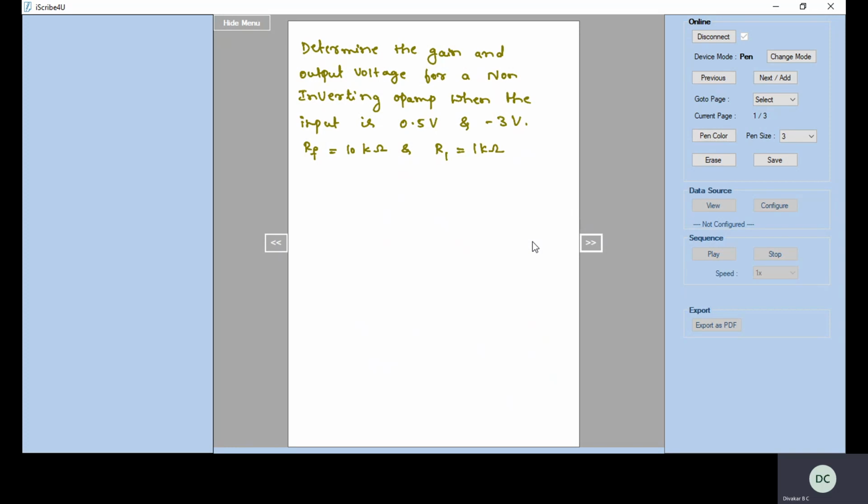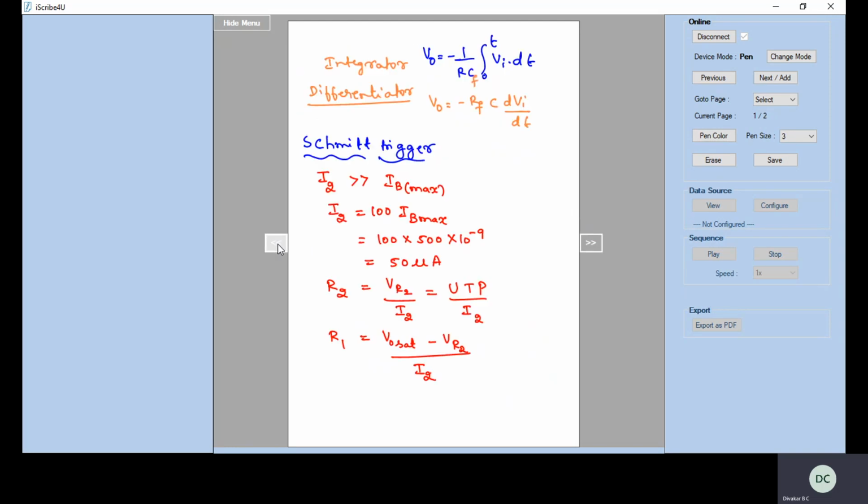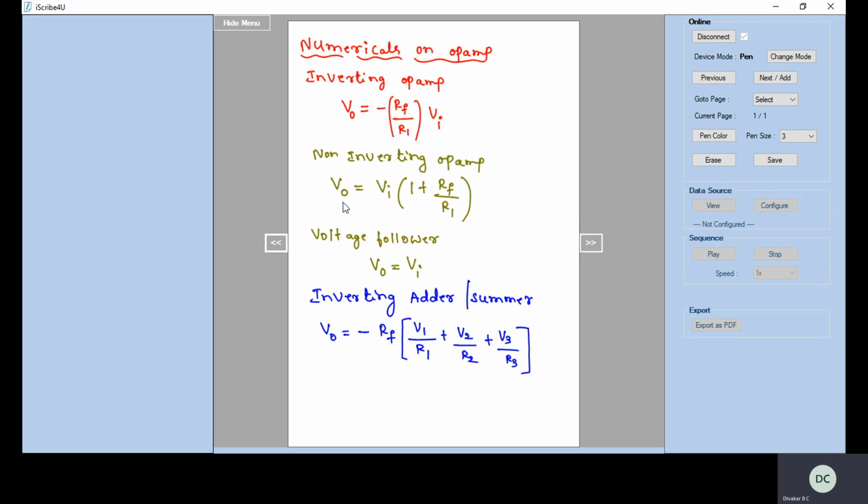So as we have discussed, the non-inverting operational amplifier, the output is given by V0 is equal to Vi into 1 plus Rf by R1.